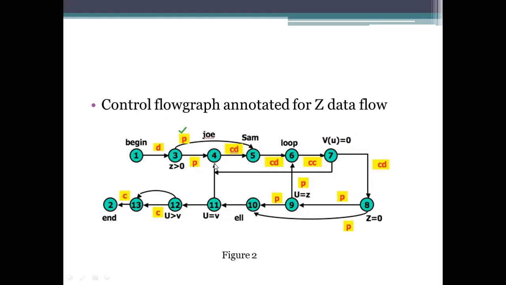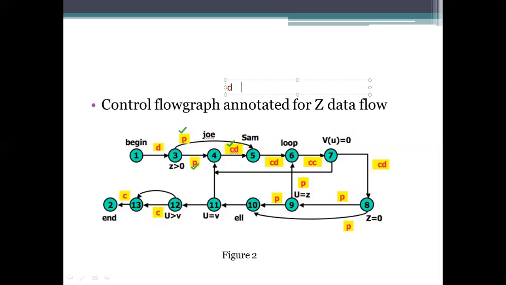This is used here. If you go for this one, this is also used here. And we are redefining here, so this is also considered as a use. So this one we are presenting is a redefinition. So redefined here, there is a d in this representation.